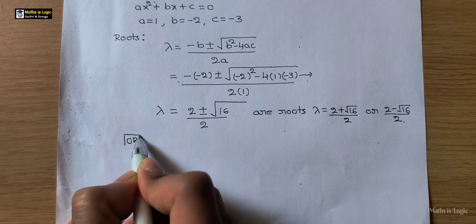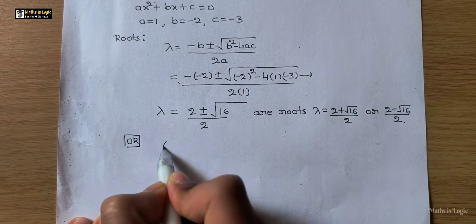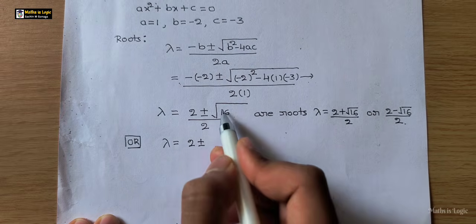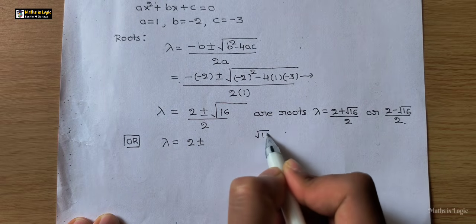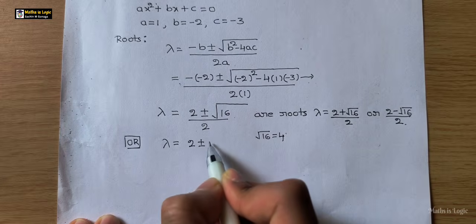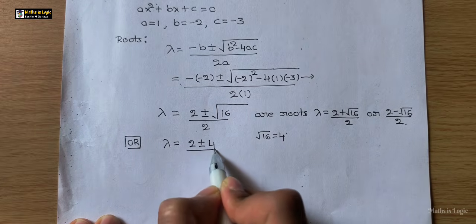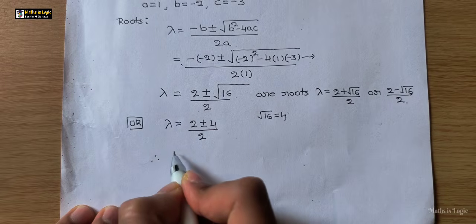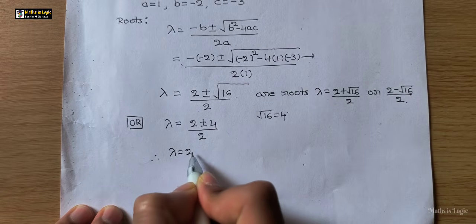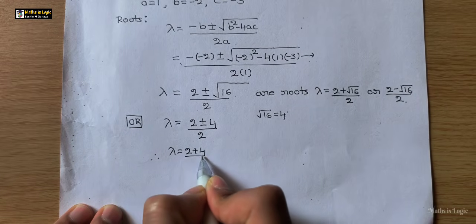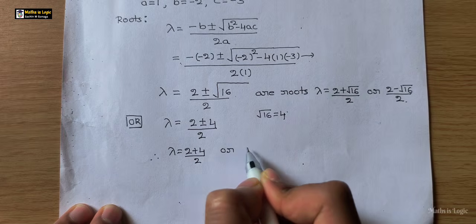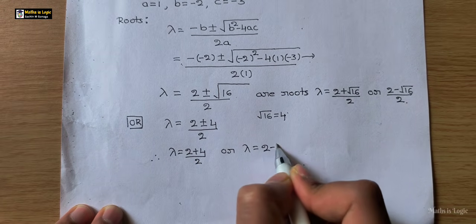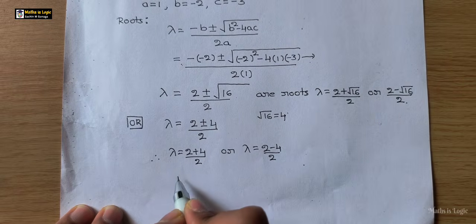Or if you want to simplify further, what we need to do: lambda, keep it as it is, 2 plus or minus, we know the square root of 16 is nothing but 4, so right here 4 divided by 2. Therefore one is the positive value, 2 plus 4 divided by 2, and another one is the negative value, 2 minus 4 divided by 2.